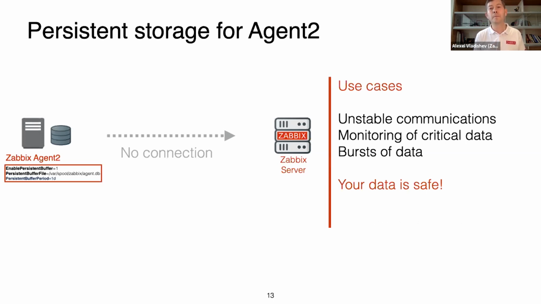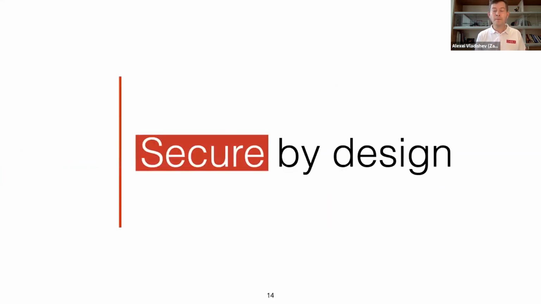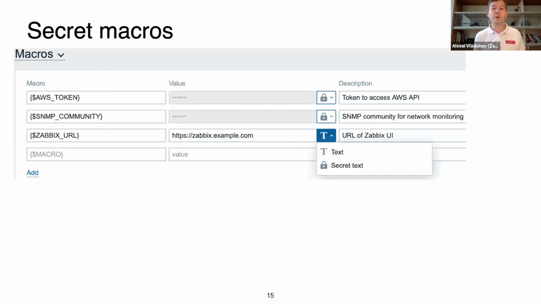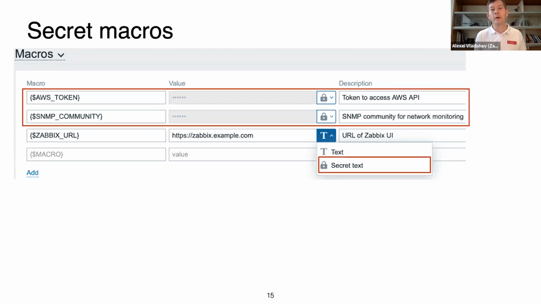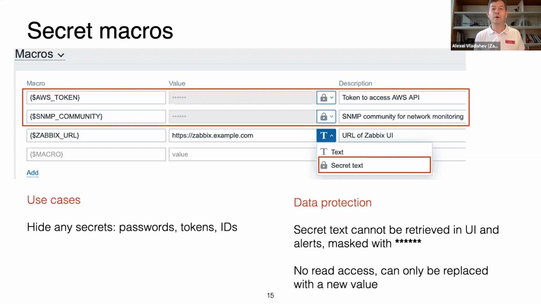What else? During the last few years, we have also invested quite a lot of our effort to make Zabbix as secure as possible. Just one example, in Zabbix 5.0, we have introduced support of secret macros for keeping secrets in a secure way.